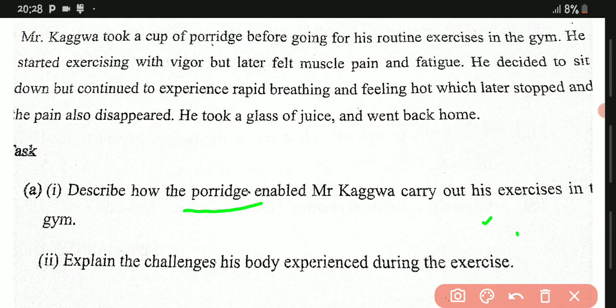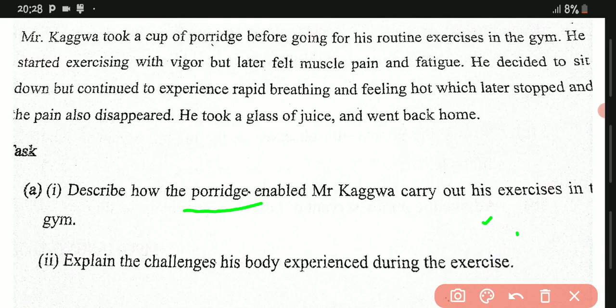Then in the muscles, this glucose must be oxidized by aerobic respiration to produce energy. So if you talk about those three processes, that is digestion, absorption, respiration, you have already completed describing how the porridge enabled Mr. Kagwa to carry out his exercise in the gym.